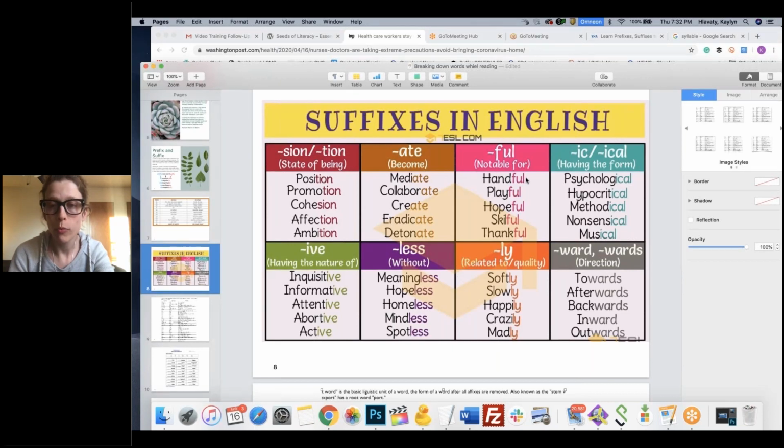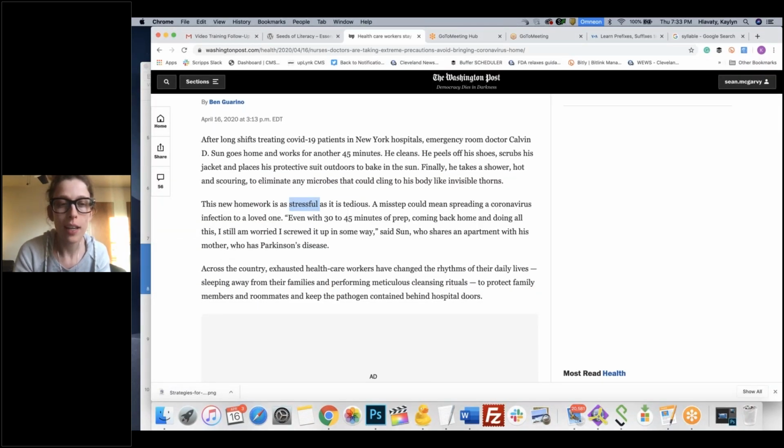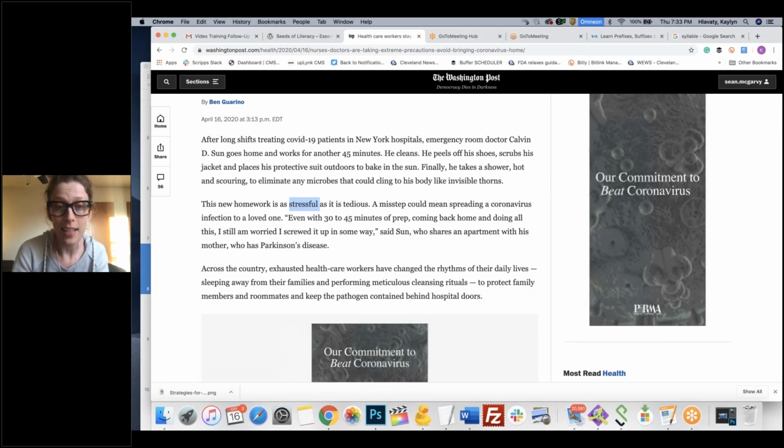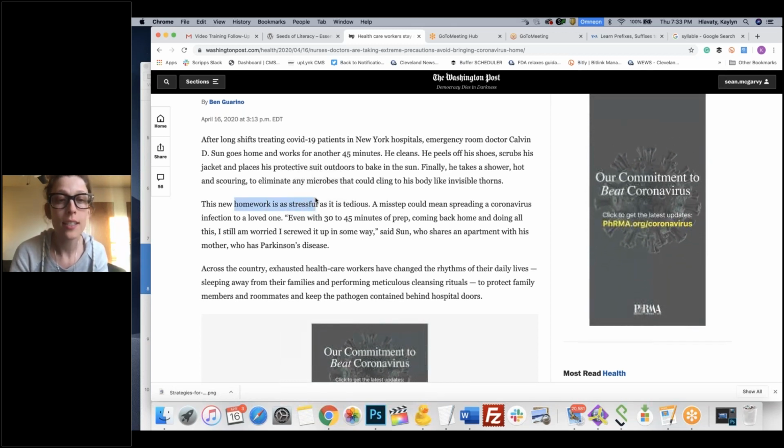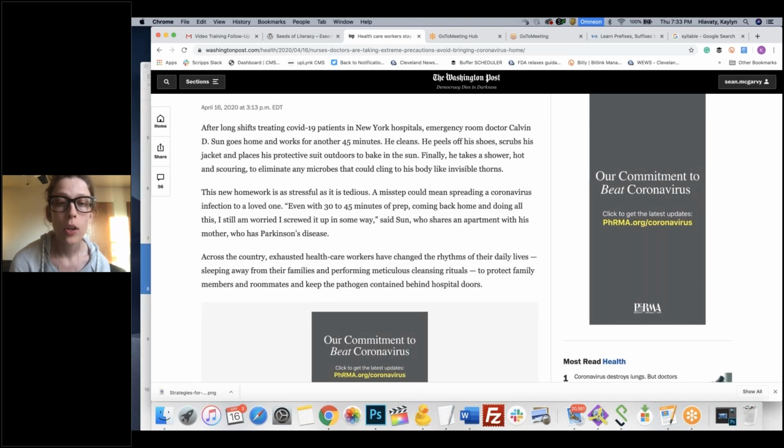It's notable for handful, playful. So this homework is as stressful as it is tedious. It's signaling how this person feels about homework by putting FUL after stress.